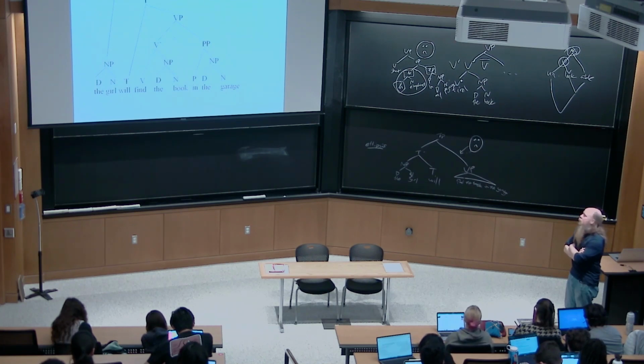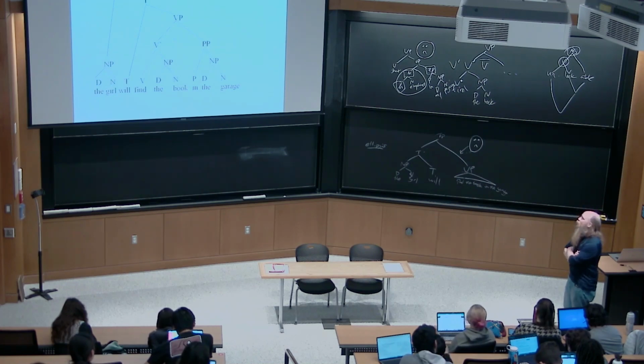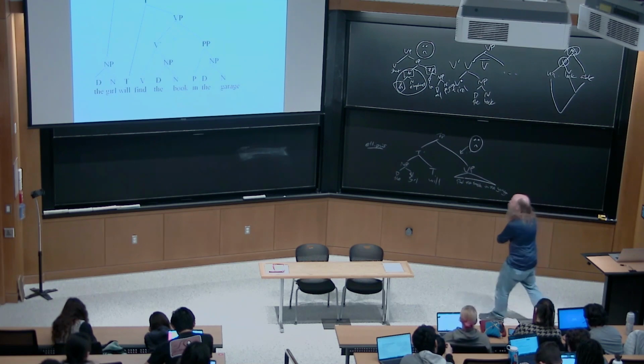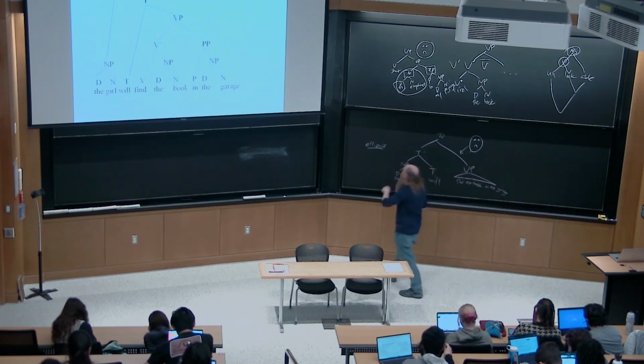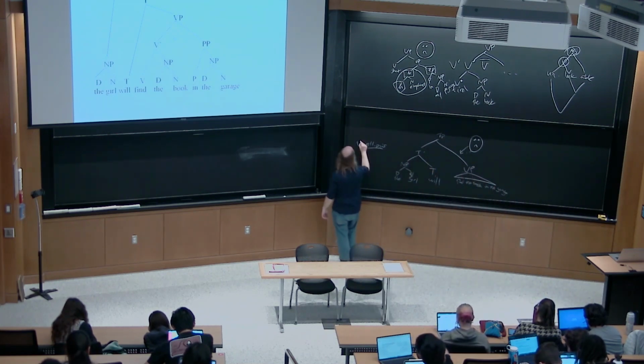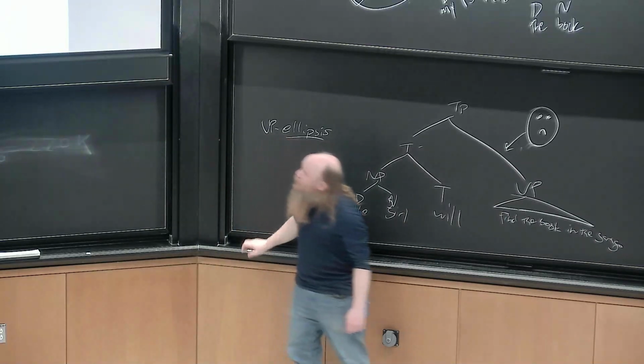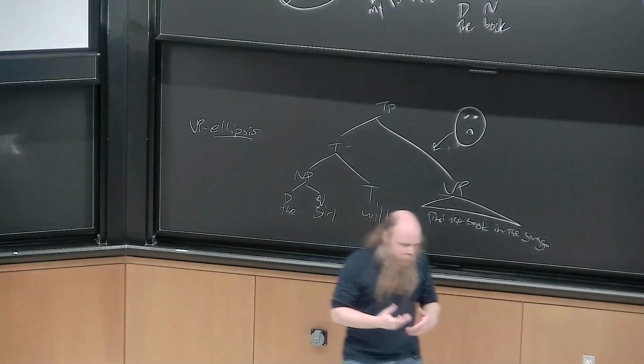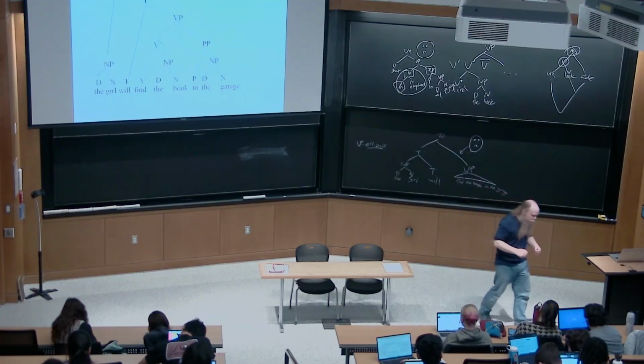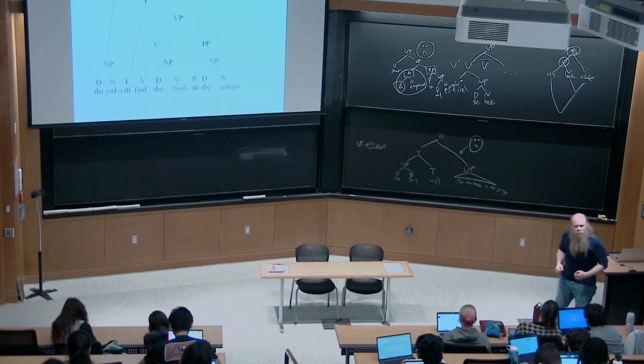Or I can say, the boy will find the book in the garage, and the girl will, too. The way we would talk about all of these, in terms of a tree like the one on the slide, is in terms of what's called VP ellipsis. There's this process of silencing constituents, silencing phrases, that has applied to the verb phrase.